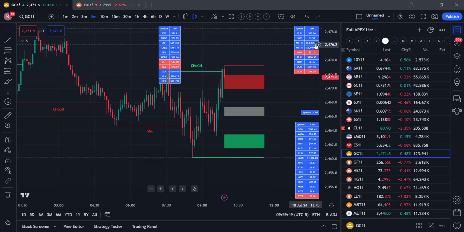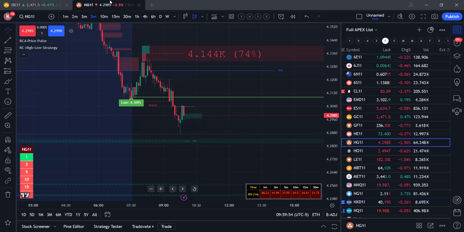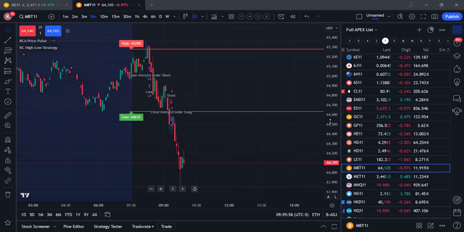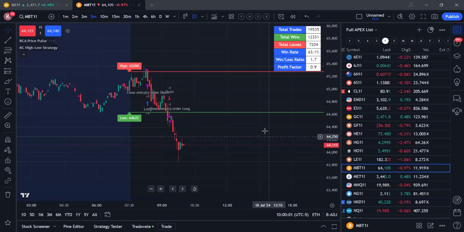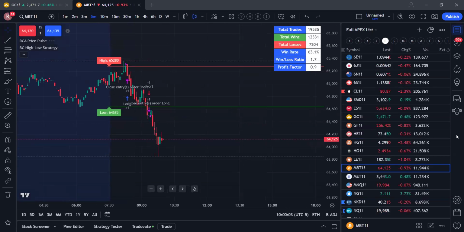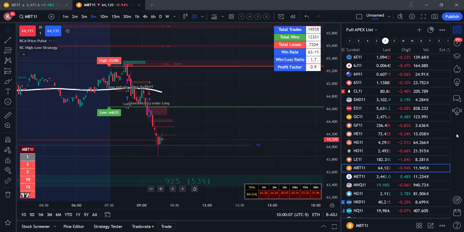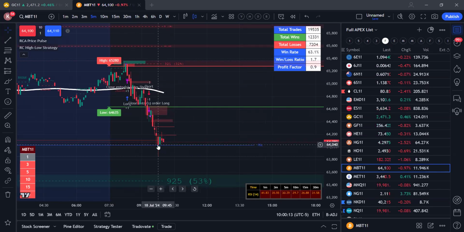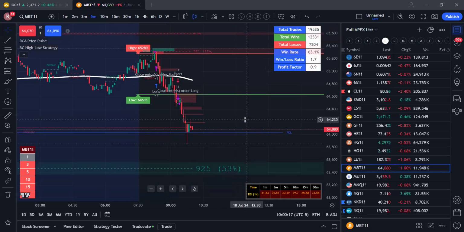Now, if you go to Bitcoin, you have a previous day low. We touched the previous day low, but there is no major buy order block.